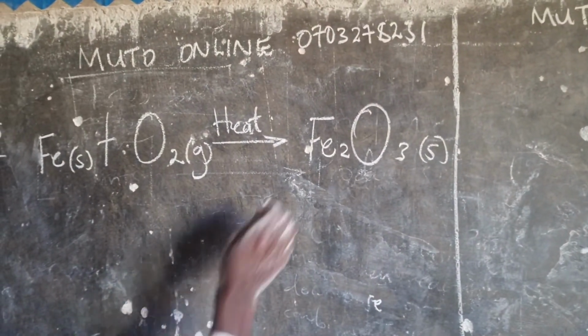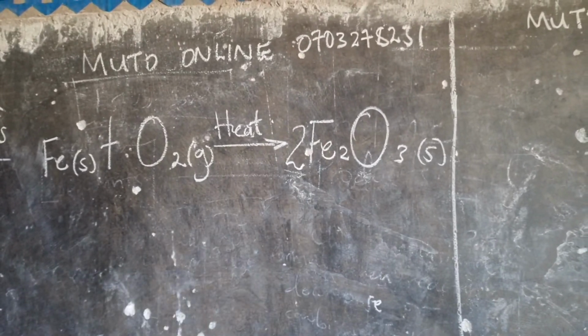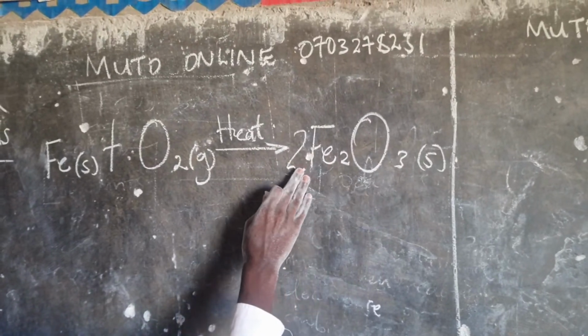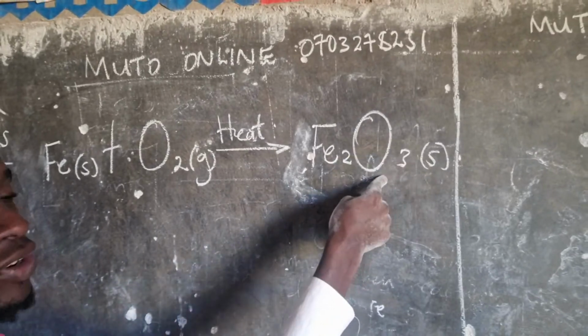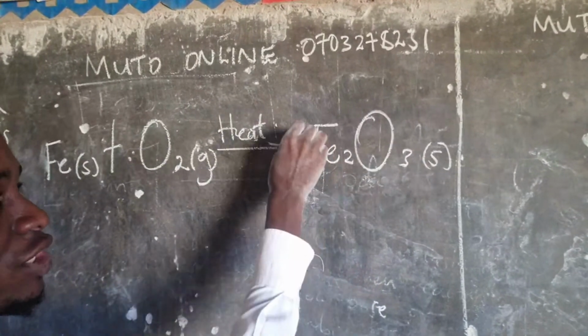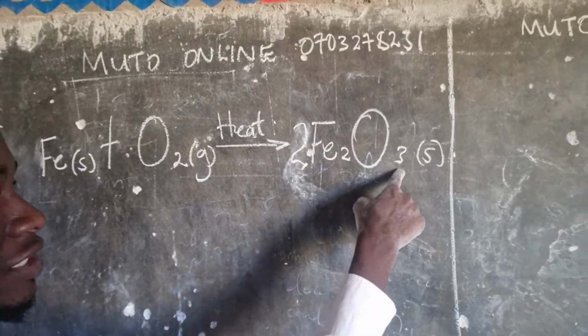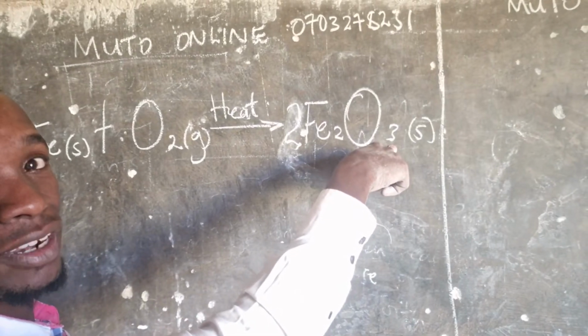When we put a 2 here, why are we putting a 2? To make the oxygen, which has a 3 on it, an even number. We put a 2 because it is the smallest number that makes this 3 even, such that we can balance the equation well.